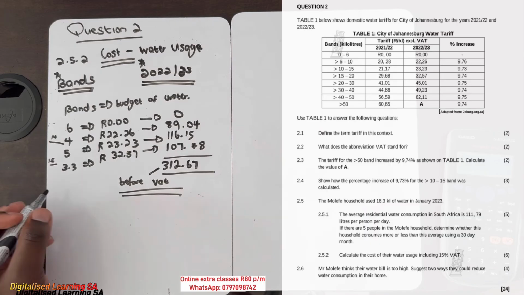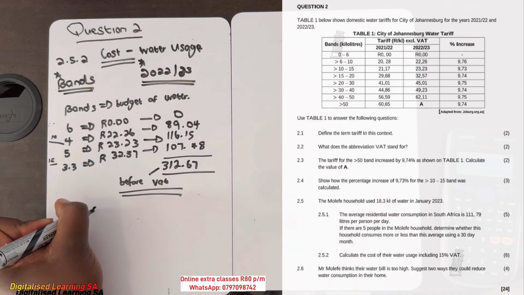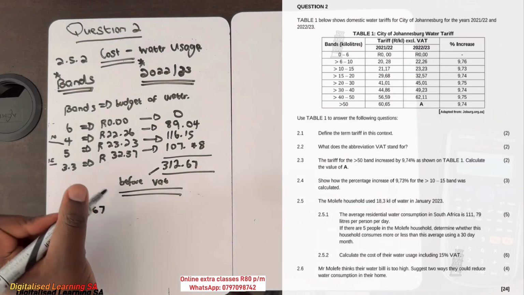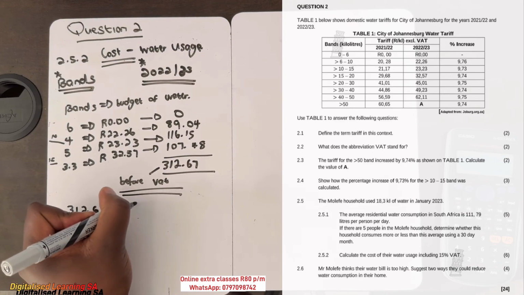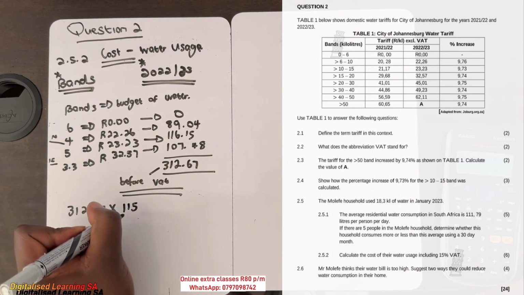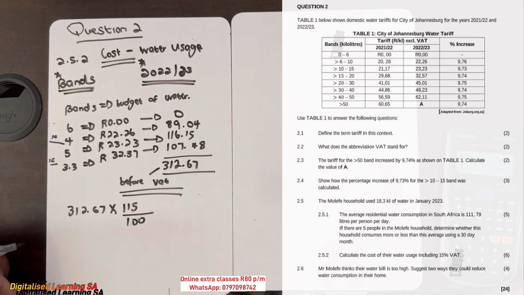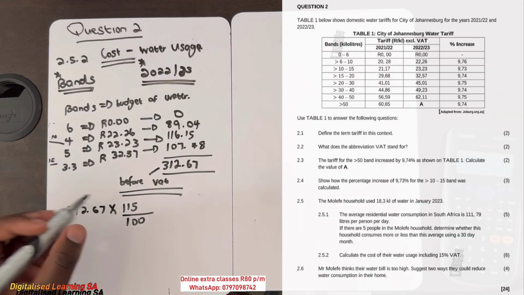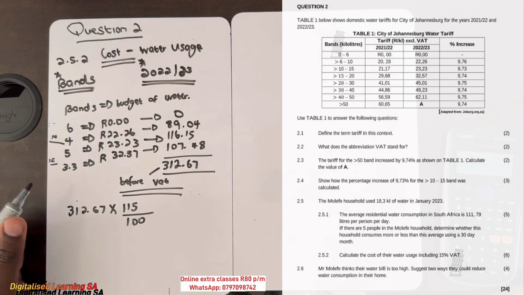So now to get the cost after VAT, we take the 312.67. Remember that VAT is 15%, so we can just multiply by 115 over 100 to include it here. Or you can also use the first method I showed you earlier of dividing by 15 over 100 and then adding it afterwards. But if you do it like this, you just get it once.